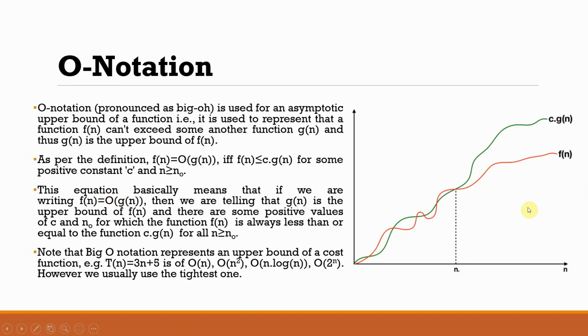This is what we were talking about regarding asymptotic dominance, and this is the formal mathematical definition of big O notation.